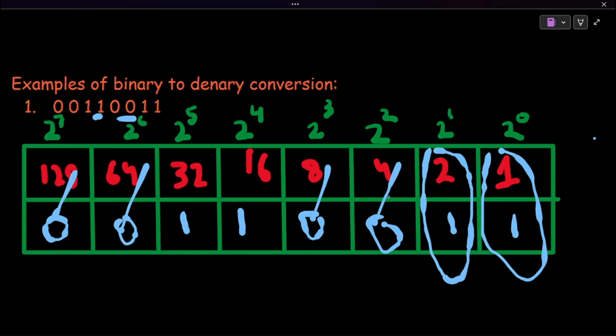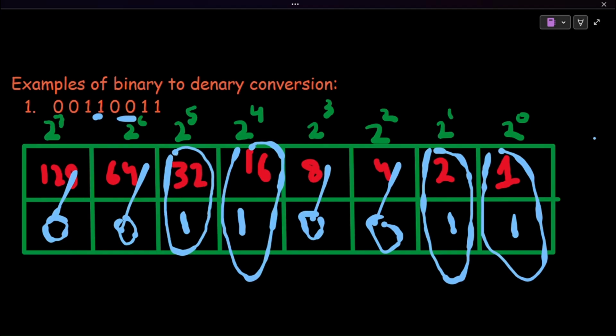Why? Because under this 4 we have 0 written. Under 8 also 0 is written. We will mark 16 again. We will mark 32 also because there is 1 written underneath it. And then ignore 64 and 128. Why? Because you can think of this like a switch: 0 is a switch that you have turned off and 1 means on.